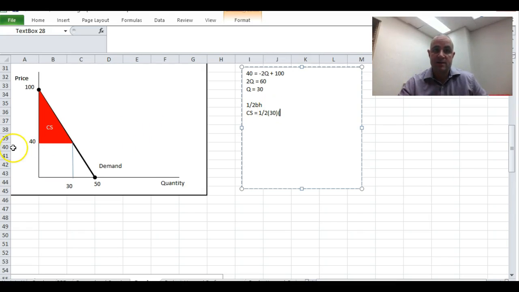And the height goes from 40 up to 100, and so it's going to be 60. And on that, you get 1/2 of 1,800. And so the consumer surplus is $900. Okay. This is the added benefit they get from not having to pay that full amount. And so there's your consumer surplus.